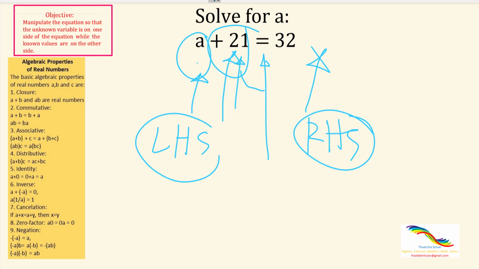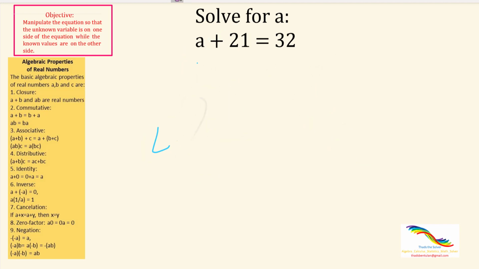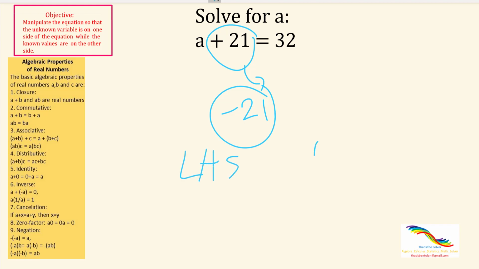So initially, what do you think is our way of eliminating 21? In order to eliminate the 21, you subtract 21, right? You subtract 21 from the left hand side of the equation. But whatever you do to the left hand side, you must also do to the right hand side of the equation.